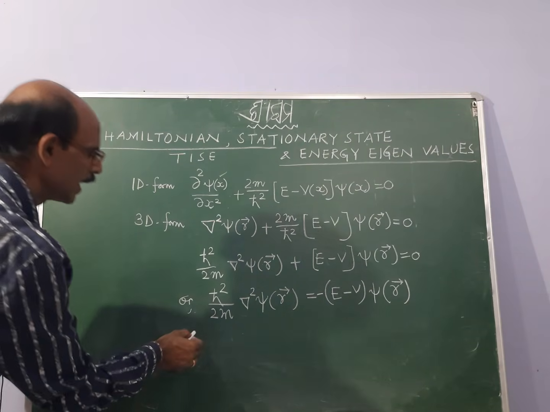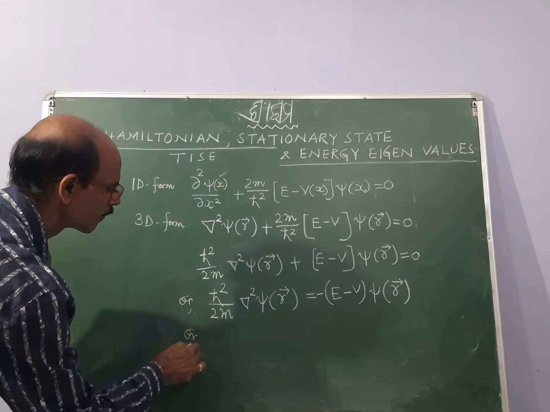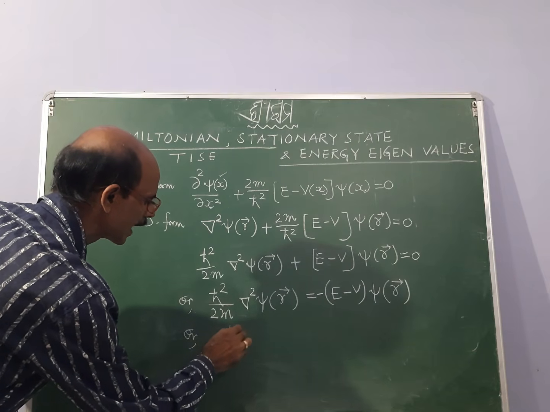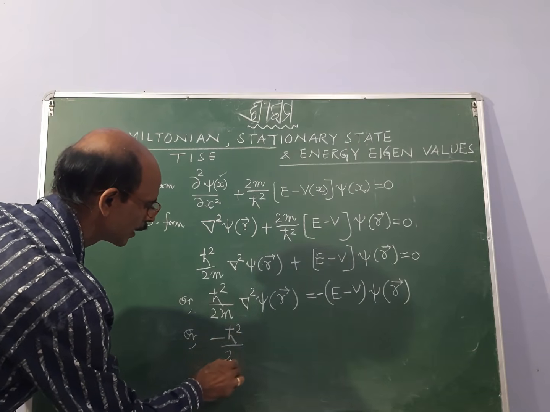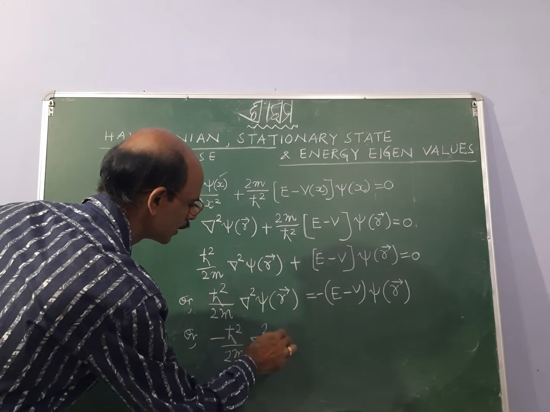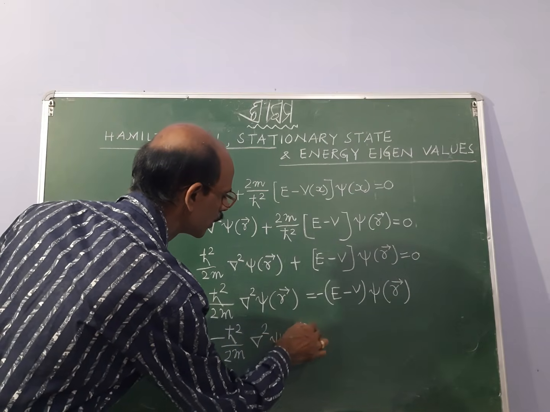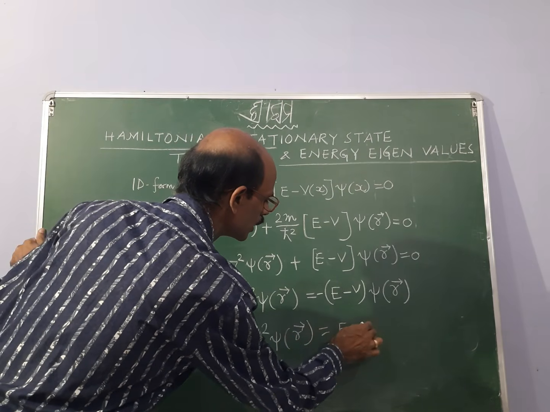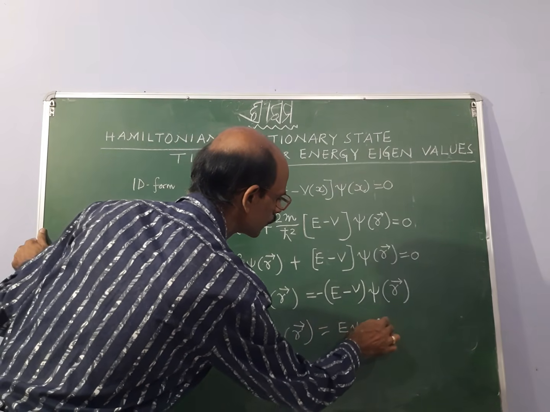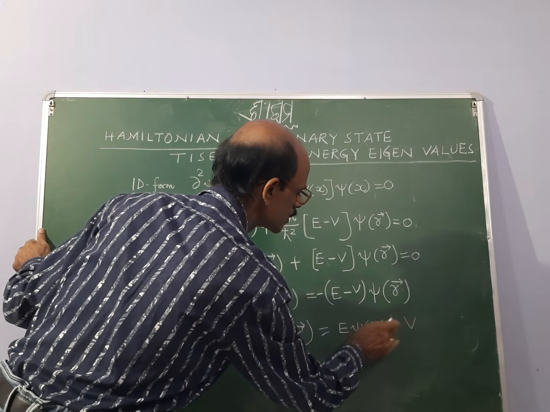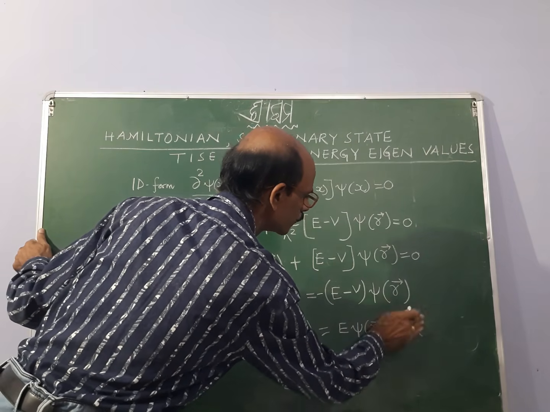Or it can be written as minus h cut square by 2m grad square psi(r) is equal to E psi(r) minus V psi(r).